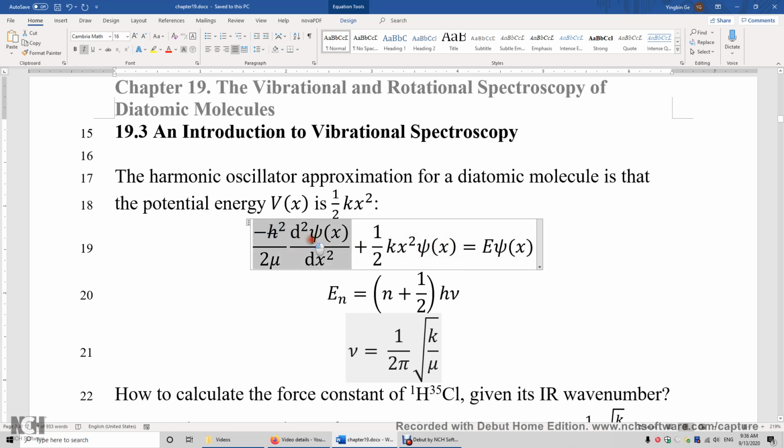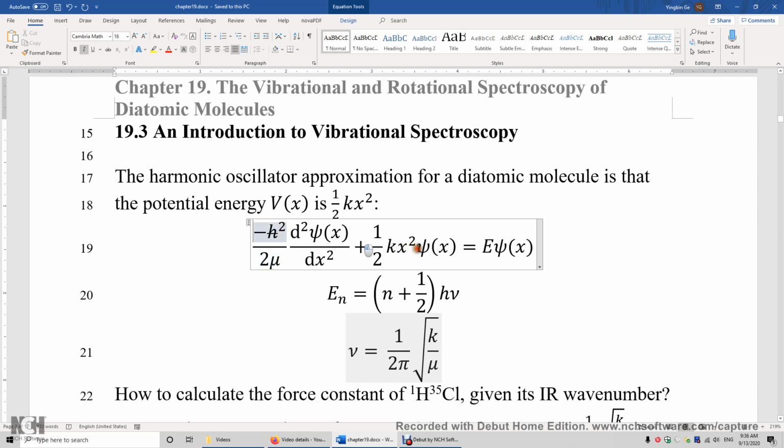The kinetic energy operator is negative h bar squared over 2 mu, and over here, this is the second derivative of psi. This is the kinetic energy operator. Mu is the reduced mass. 1 over mu is equal to 1 over m1 plus 1 over m2.